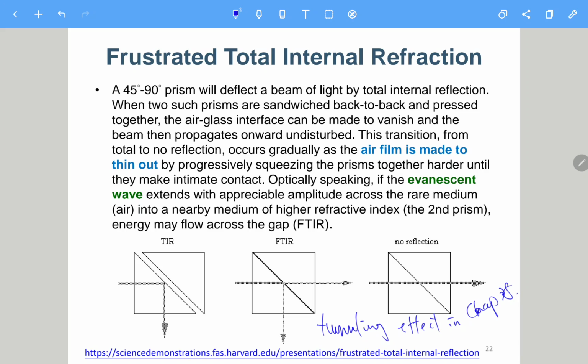The tunneling effect is like, in classical mechanics, if you have a potential wall, and your object needs to go through the wall, then it should have sufficient kinetic energy to transfer to the potential energy. Suppose this is a potential wall.